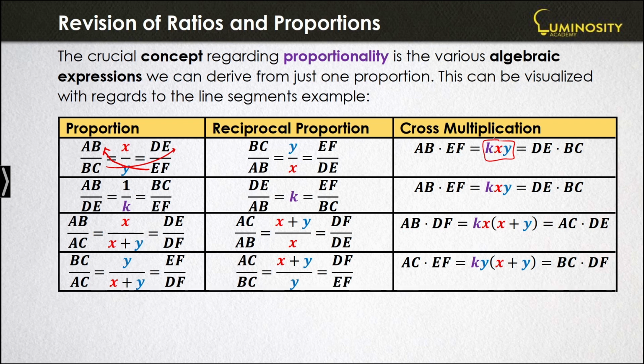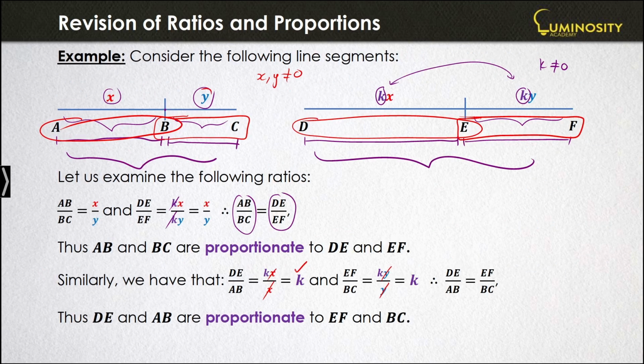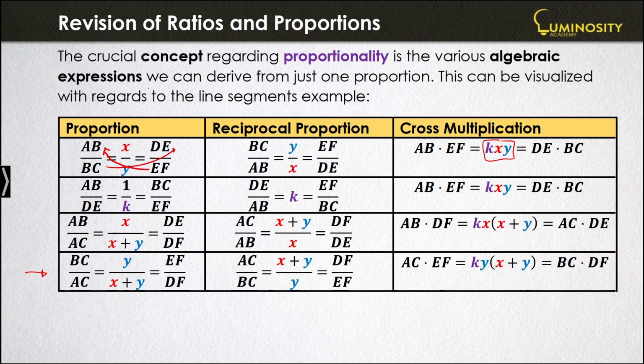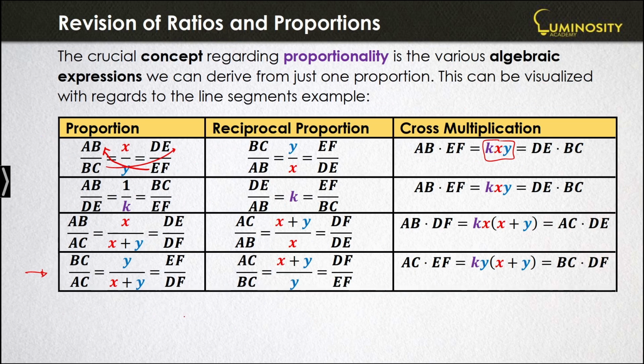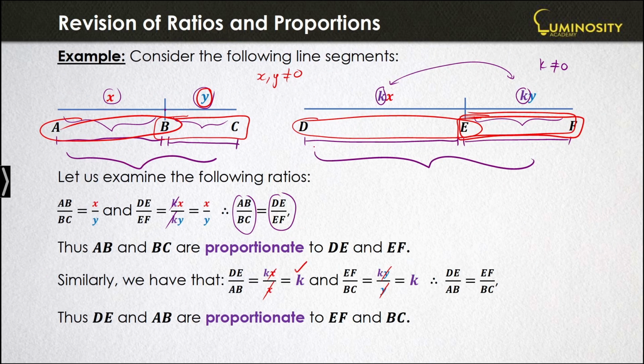You can do this for any of the other line segments in that example, as long as you follow it properly. Let's say, for example, BC over AC. So BC is y, over AC, the entire length, which is x plus y units. I need to keep the same proportion. Since I took BC here, I should take EF here, which is KY, and then DF, the entire length, is KX plus KY.